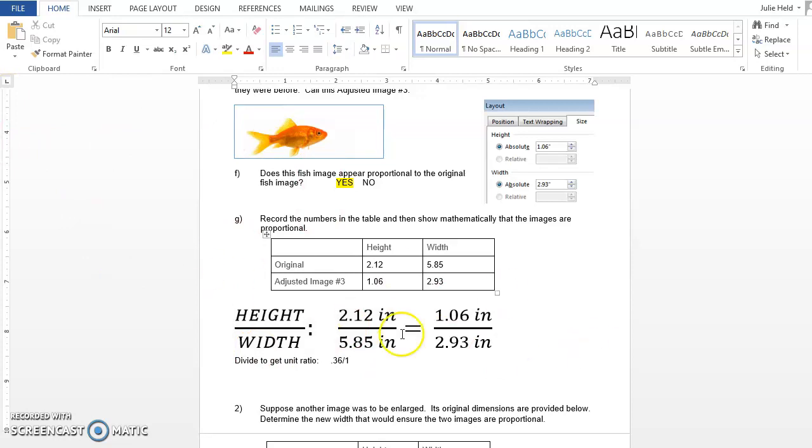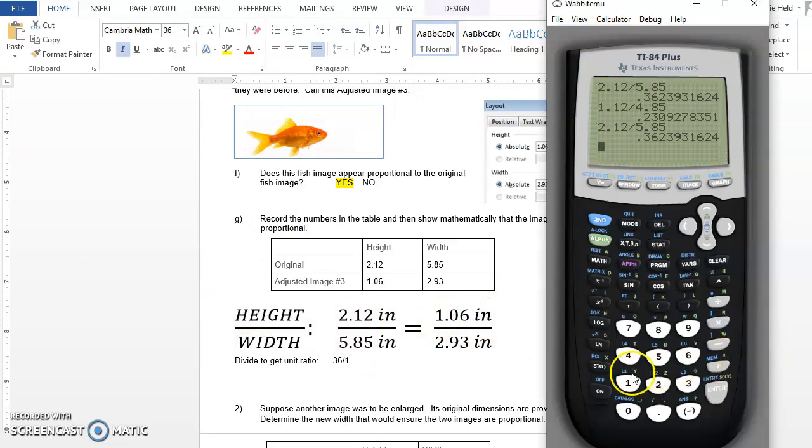And this one, let me see, 1.06 divided by 2.93 is 0.36. Ooh, it's a little different. See that? But 0.36 is the same. And then after that, actually, if I round it to 3 decimal places, they would match.